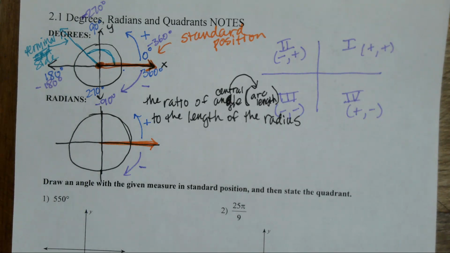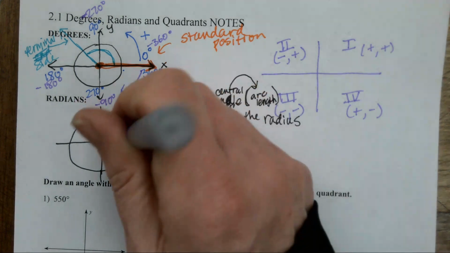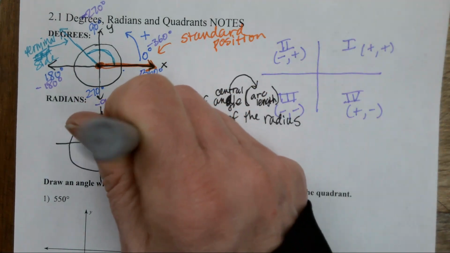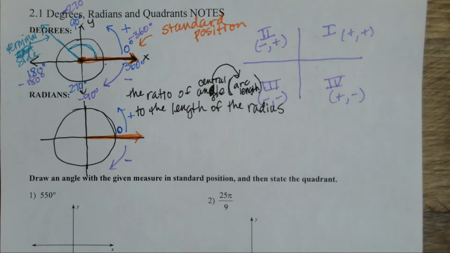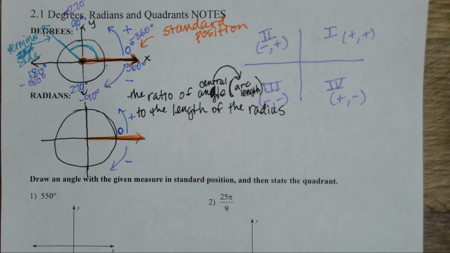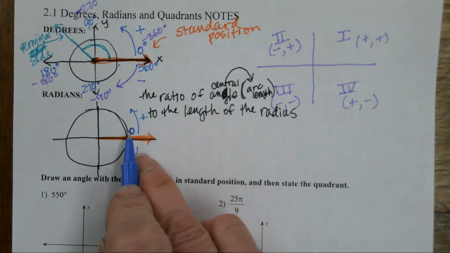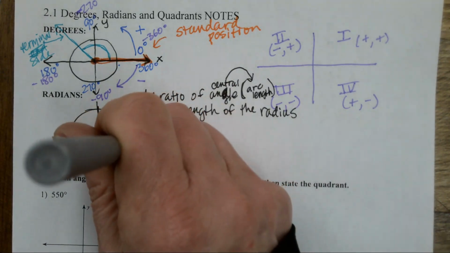And we still start at 0, but it's 0 radians. It's actually 0 pi, but we don't need to write the pi on it, and we end at 2 pi.